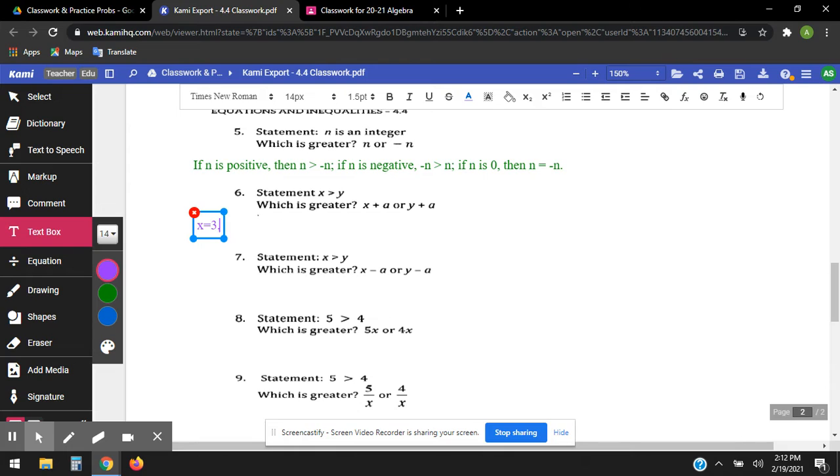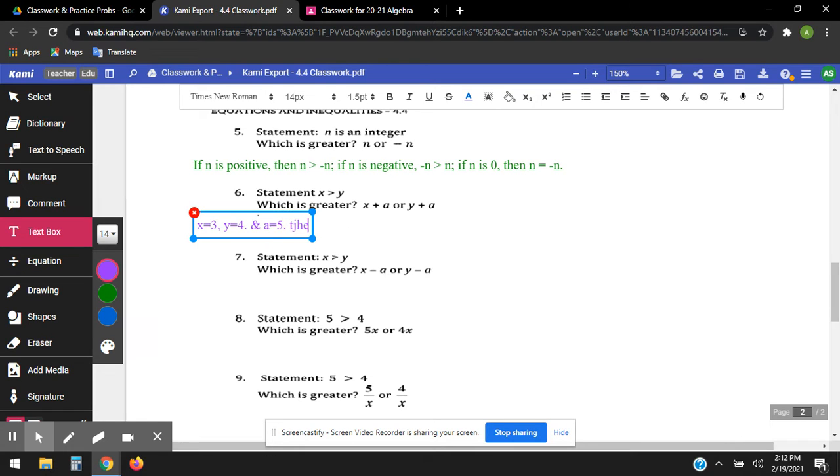We don't like to use 2. Y equals 4. And a equals 5.